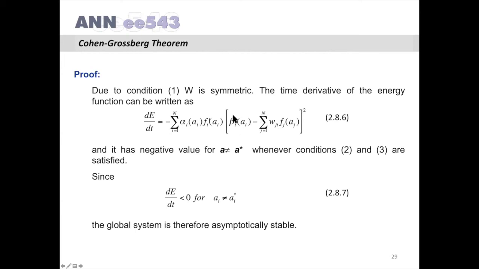And here there is a square. And it has negative value for a different than a star. This is the fixed point whenever conditions 2 and 3 are satisfied.